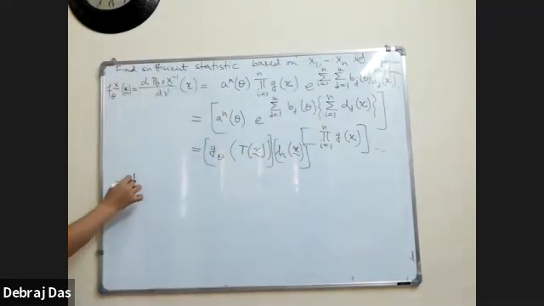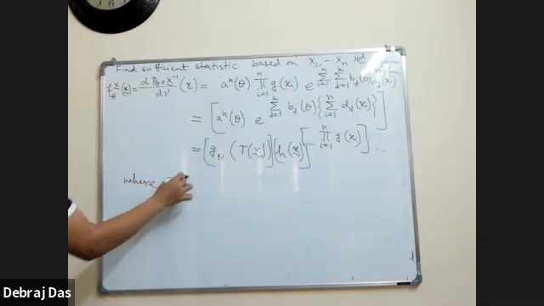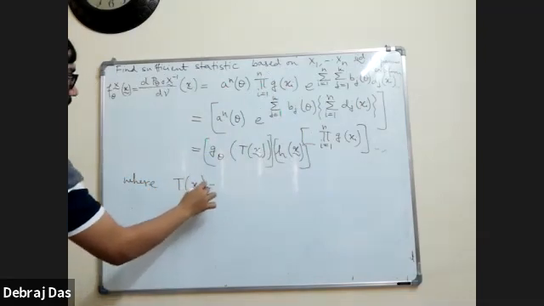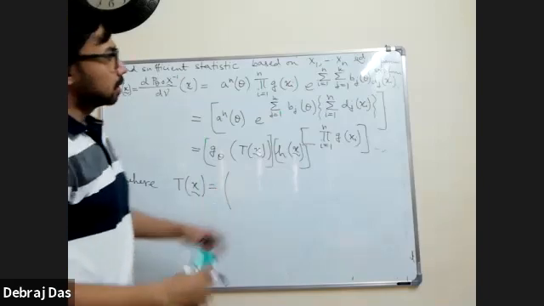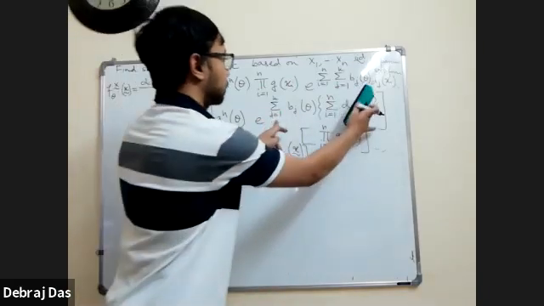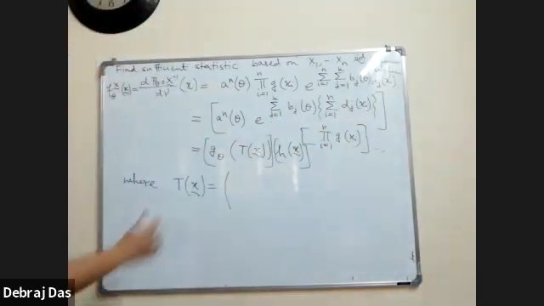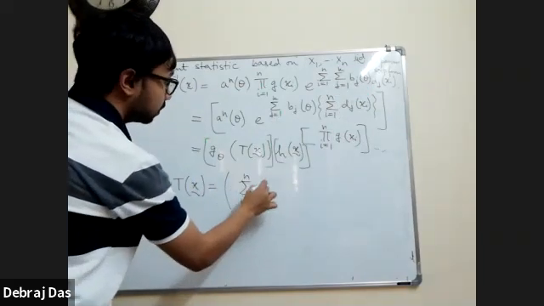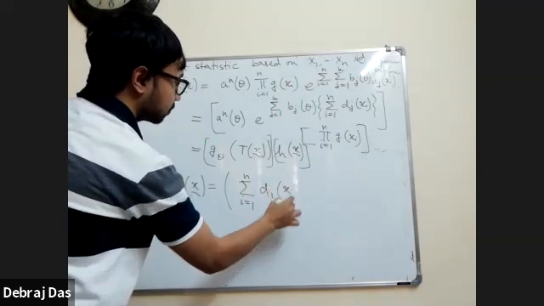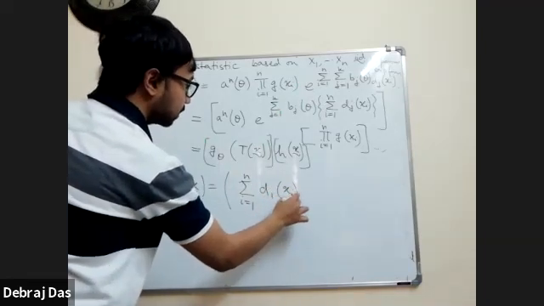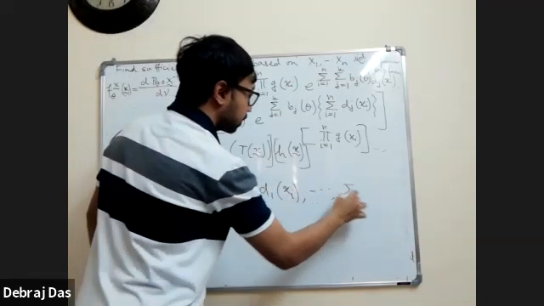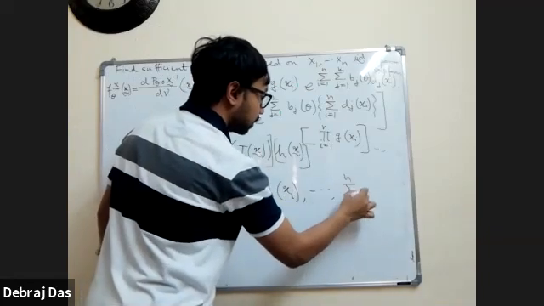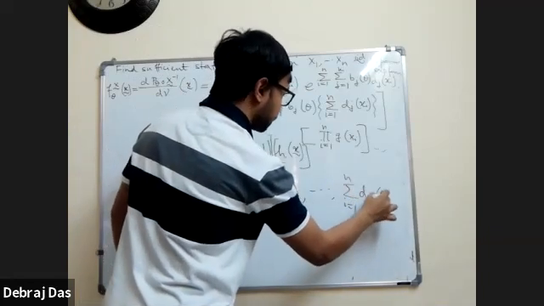So where t of x is simply here. What is t of x? You need to look into this part. So it's simply sum over i equal to 1 to n of d1 of xi, up to sum over i equal to 1 to n of dk of xi.